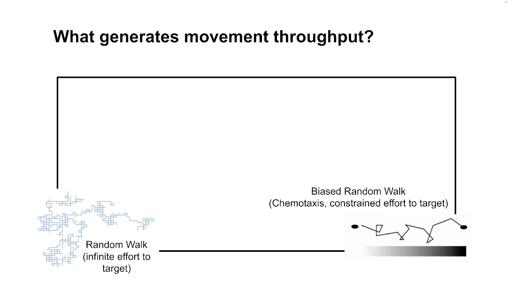And so, we can have, say, for example, an internal model that models the environment as maybe like a random walk, or we could have a model that models it as a least squares distance, or we could have a system that models it as a biased random walk. And this happens a lot of times in single cell organisms that do chemotaxis, where they move across the chemical gradient towards the highest concentration of that chemical, and it constrains their effort to a target.